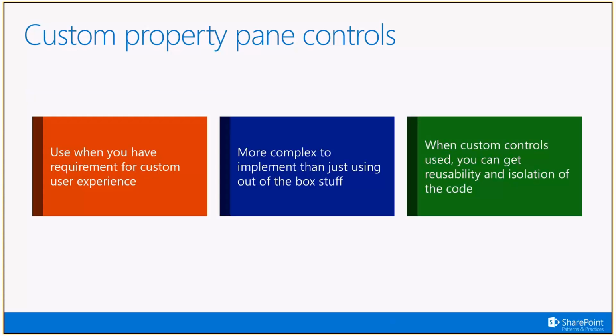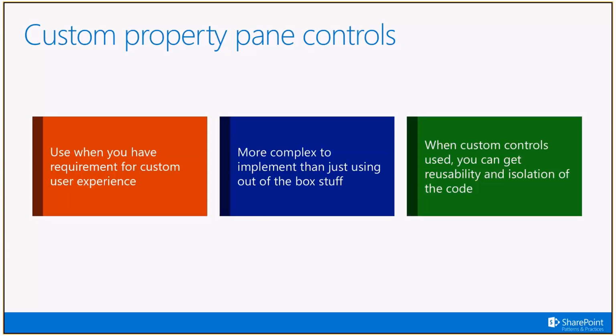These are much more complex to implement than using the out-of-the-box controls, which are typically sufficient. Typically you can achieve your business requirements using just the basic controls. But if you can't, then you need to move into the slightly more complex way of doing things.